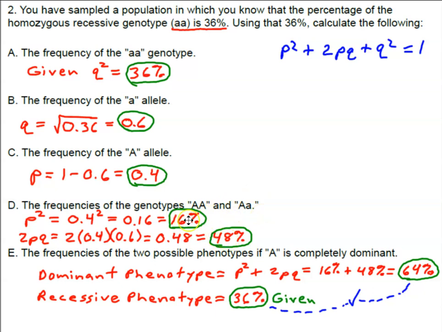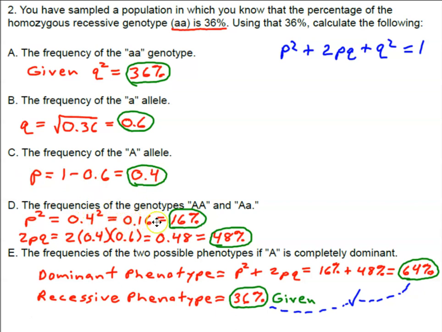So these two calculations will give us the percentage of the individuals in a population that are either homozygous dominant or heterozygous. So homozygous dominant is represented by the P squared term in P squared plus 2PQ plus Q squared equals 1. So P squared is what we're after here. And we already have P, so P is 0.4, so 0.4 squared is 0.16.